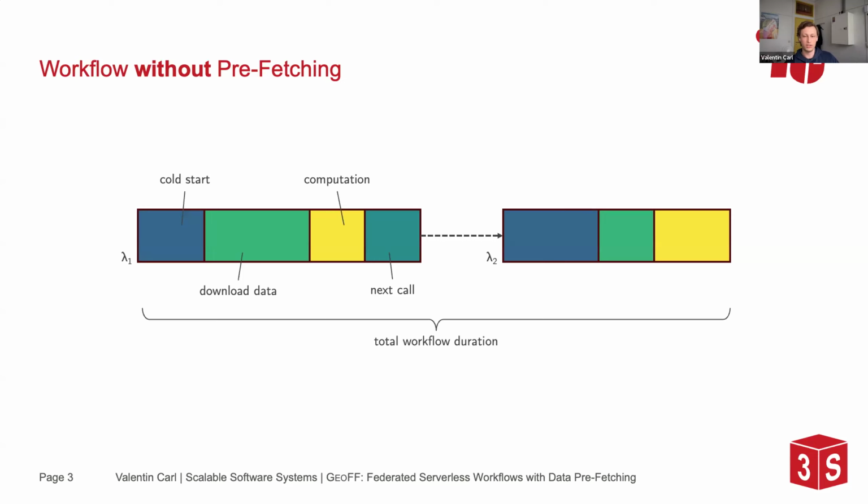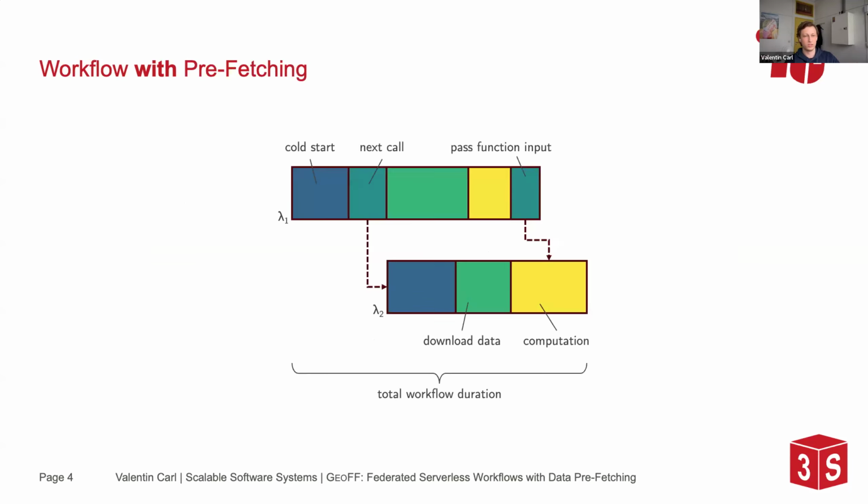And we can see here that especially downloading data and the cold starts add a lot of overhead. And the more steps we have in our workflow, the more overhead this adds. So in contrast, if we take a look at a workflow with data prefetching, we can see that we can get rid of this overhead created by downloading data and by the cold starts, since the only phase of these functions that actually depend on each other are the computation parts.